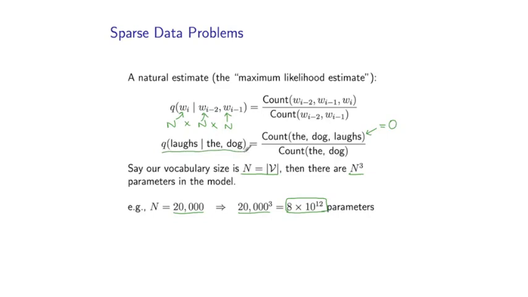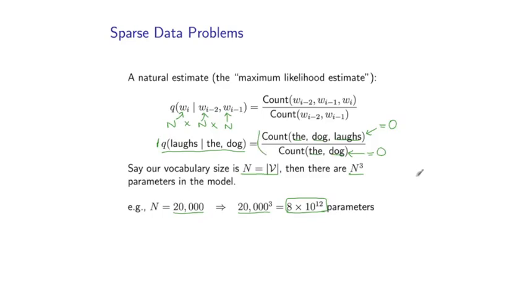That's problematic because there are so many trigrams possible, maybe 8 times 10 to the 12, that just because we see a trigram 0 times in training doesn't mean that we should say this estimate is equal to 0. Worse still, in some cases, this denominator may be 0. Maybe I've never seen the words the followed by dog.